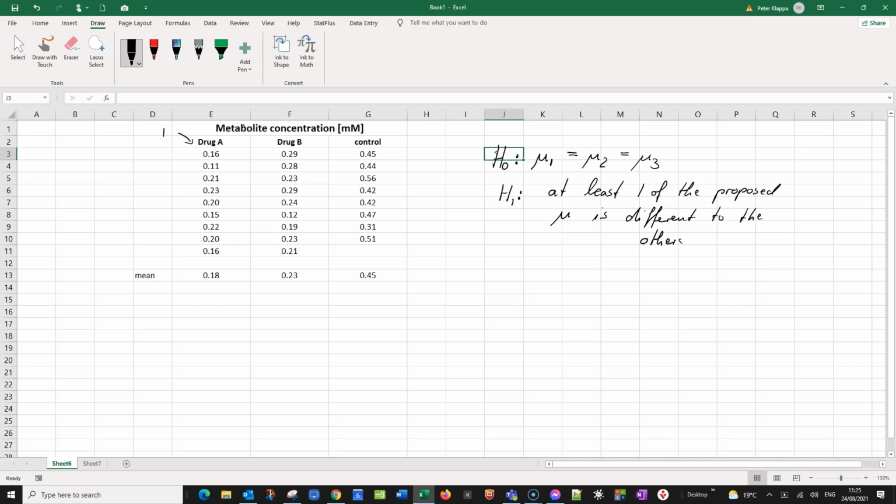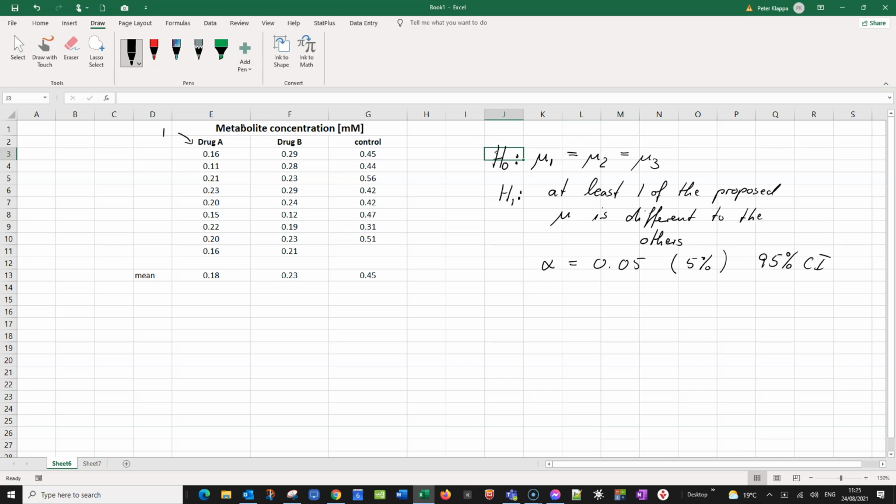So that is our null hypothesis. And we set a significance level of alpha. We set this to 0.05, which is 5%. And of course, this ties in with a 95% confidence interval that we can calculate.